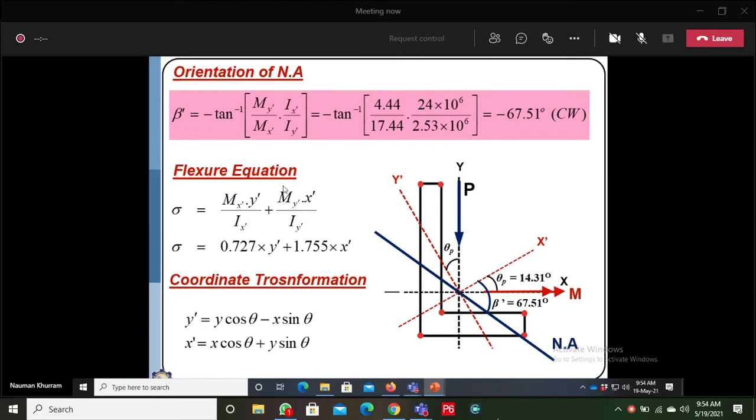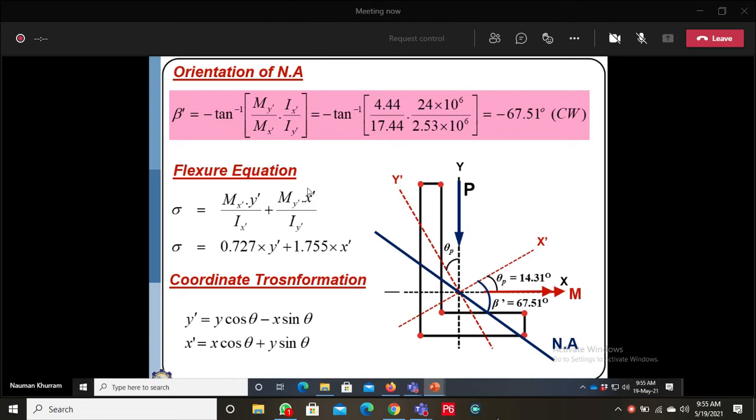Similarly, the moment due to My bar is distributed along the x side, so My bar over Iy bar will be constant, and x bar will be the x coordinate of the point under consideration with respect to the principal axis.